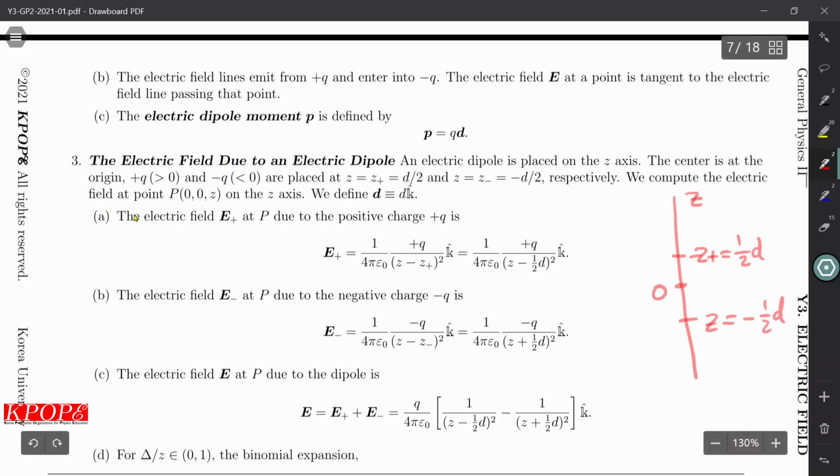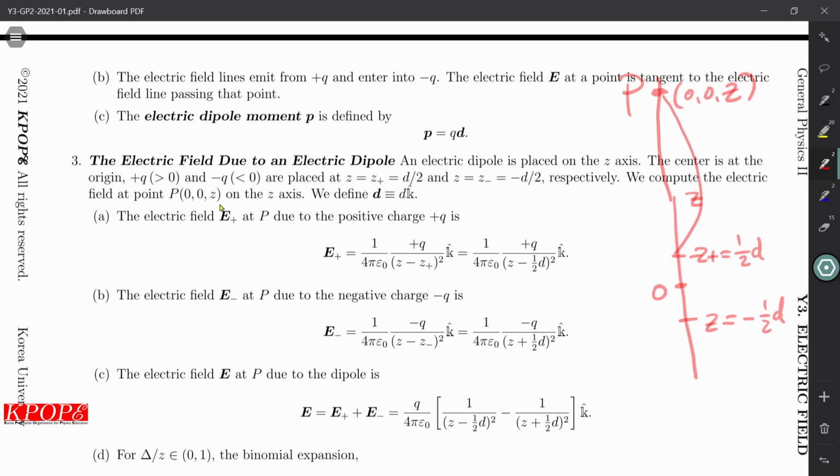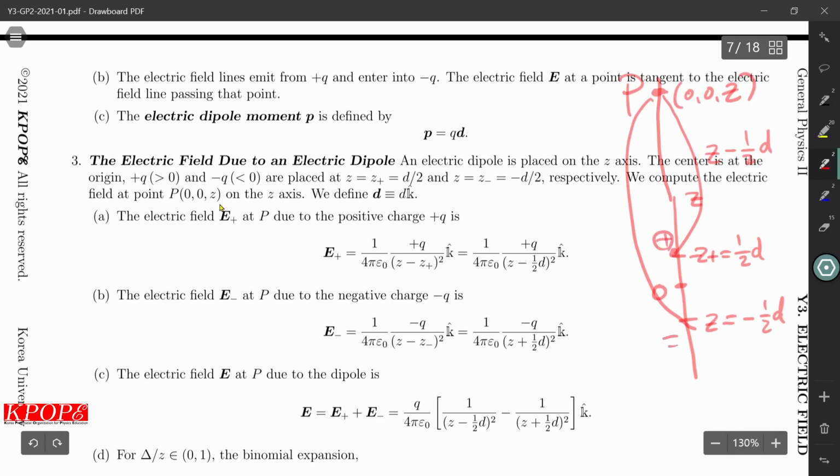We compute the electric field at point 0, z. Now, the distance from this point to there is z minus 1/2 d, and this distance from the negative charge, so positive charge and negative charge, this is z plus 1/2 d.